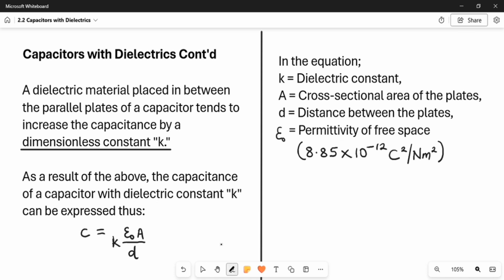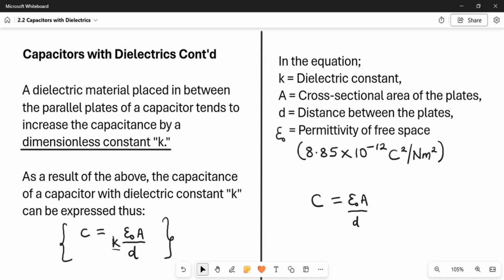Recall that the capacitance of a capacitor, we expressed it as permittivity of free space times the area all over d. But when you have a dielectric material involved, the capacitance is increased by that dielectric constant, K. So that gives us this expression for capacitance with dielectrics: C = Kε₀A/d.